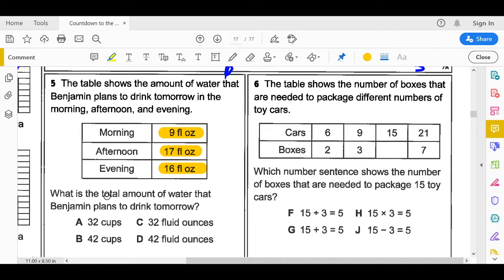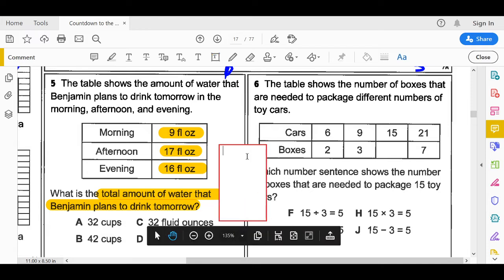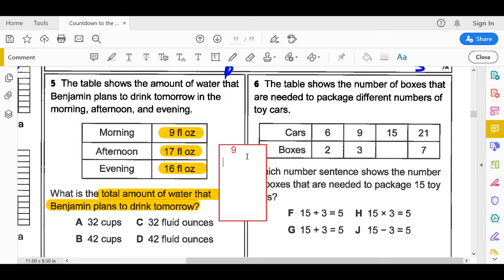The question is, what is the total amount of water that Benjamin plans to drink tomorrow? So if it says total, what do we have to do with these 3 numbers? That's very correct. We need to add them. I'm going to add 9 plus 17. If the numbers are big, then what you can do is first add the first 2, like I'm doing here.